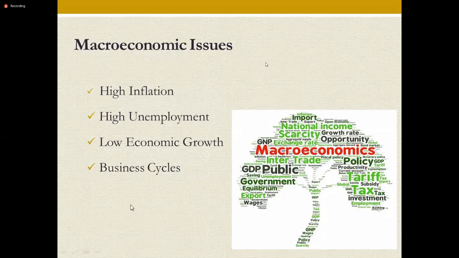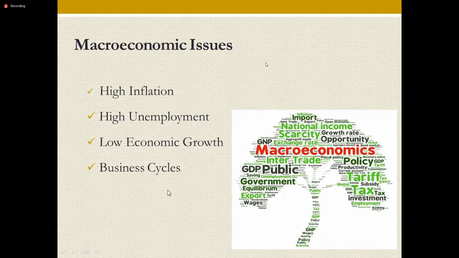There are many other issues, such as fluctuation in exchange rates, poverty, and unfavorable balance of payments.